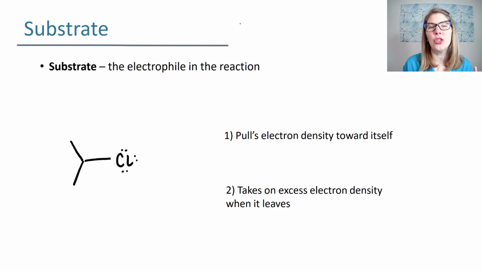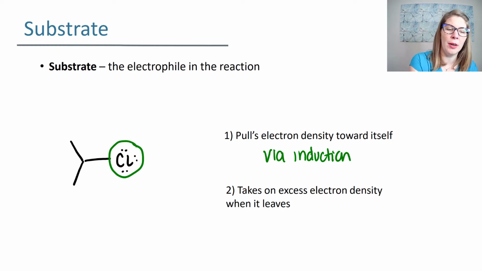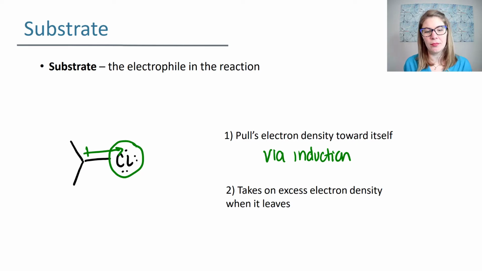And the substrate has two jobs. The first thing is when you have, say, chlorine on here, the chlorine is going to pull electron density toward itself via induction. And remember that what that does is it leaves that partial positive on the carbon.